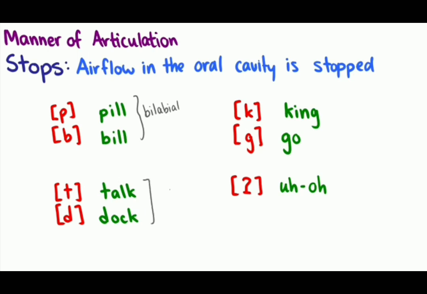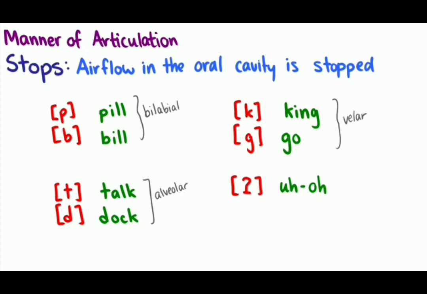So the airflow is held right behind the alveolar ridge. Top and talk. K and G, as in king and go, these are your velar stops. So the airflow is held right behind the velum, in king and go.